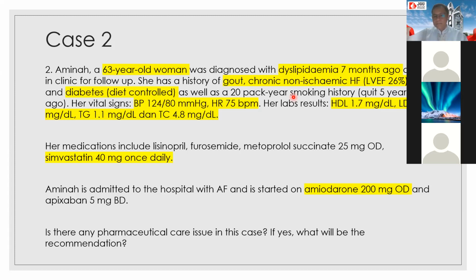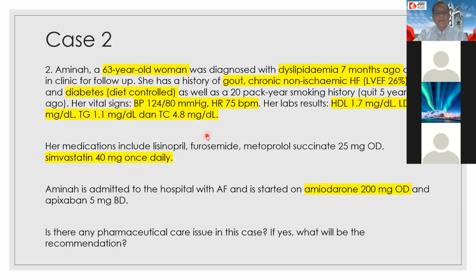The amiodarone will increase the simvastatin concentration. So maybe we can reduce the simvastatin to 20 mg only.